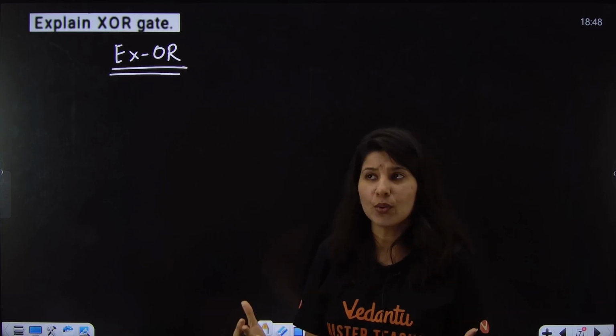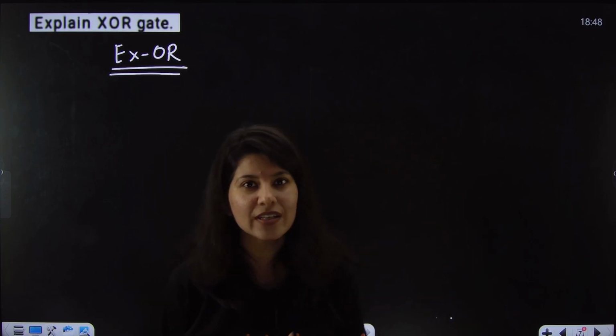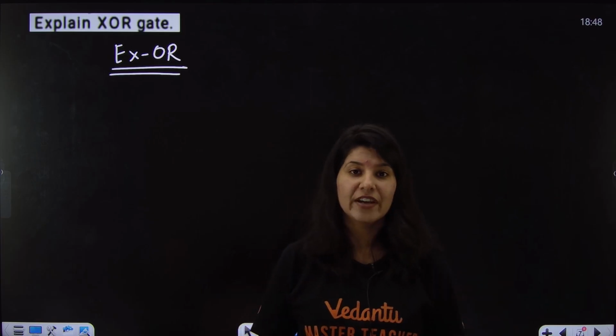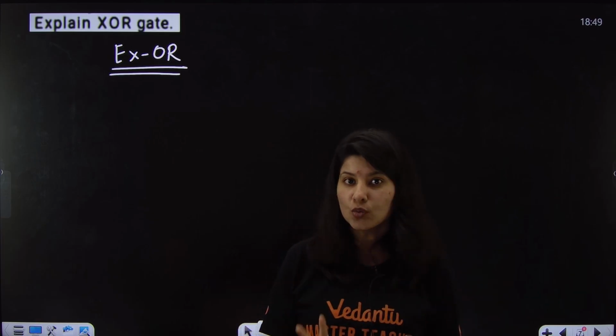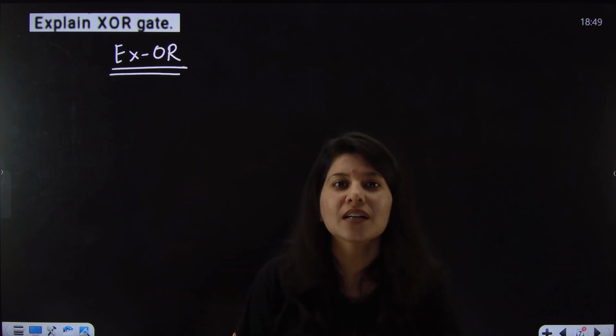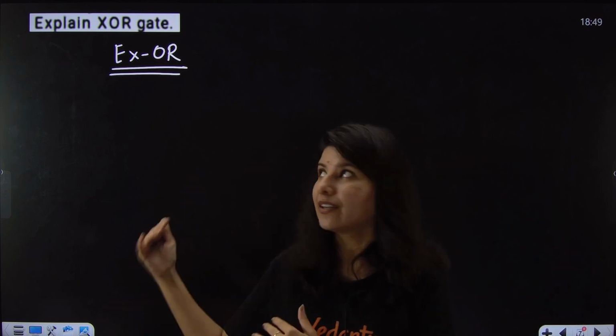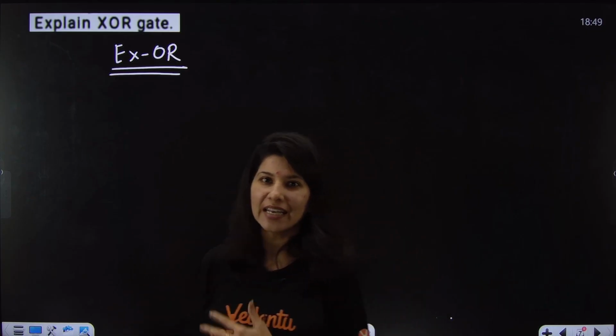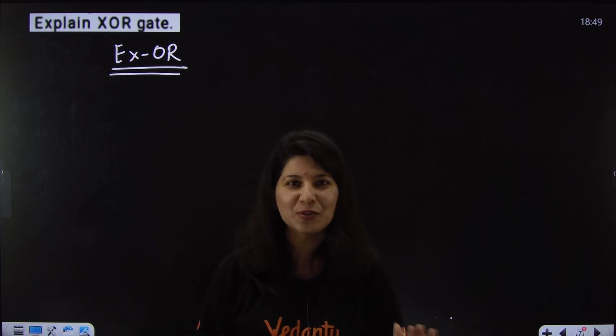It depends upon the marking scheme, whether this question is asked in 5 marks or in 2 marks. I'll tell you how to write the complete 5 mark answer, and then accordingly you can plan. If it is asked in 2 marks, you know how to cut it short.